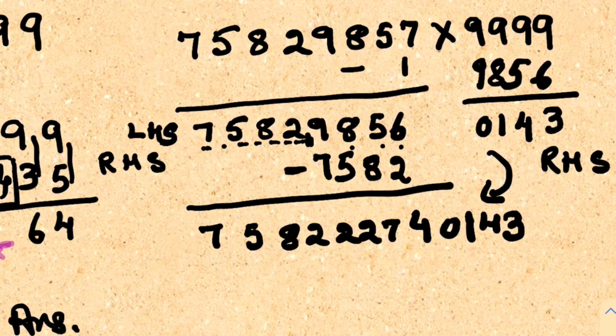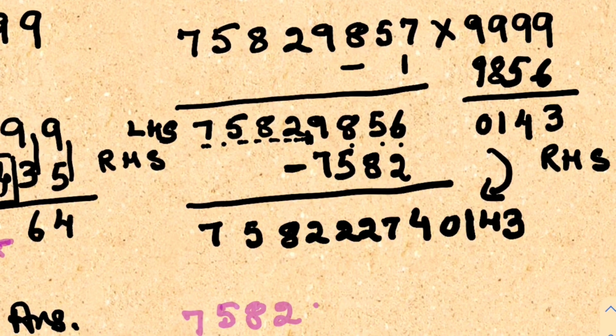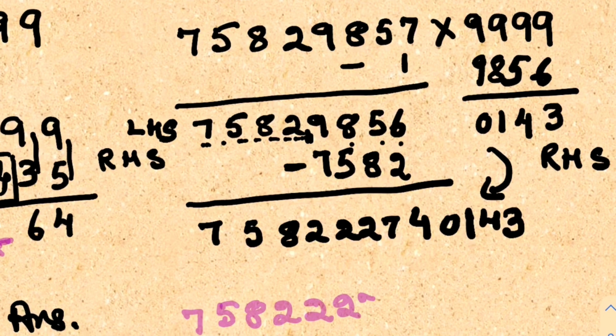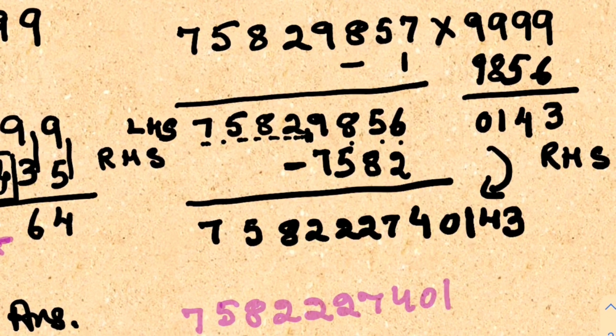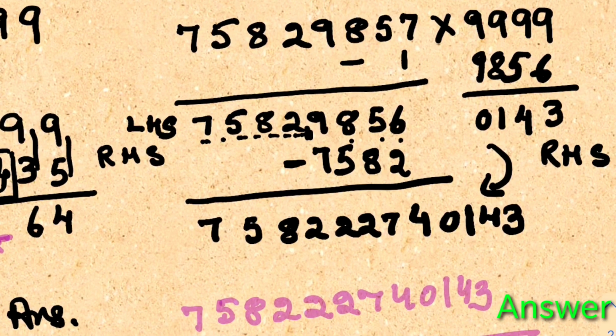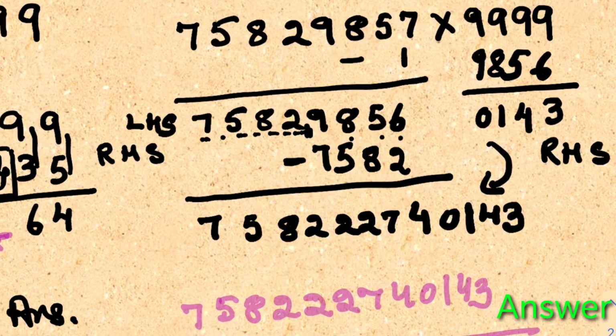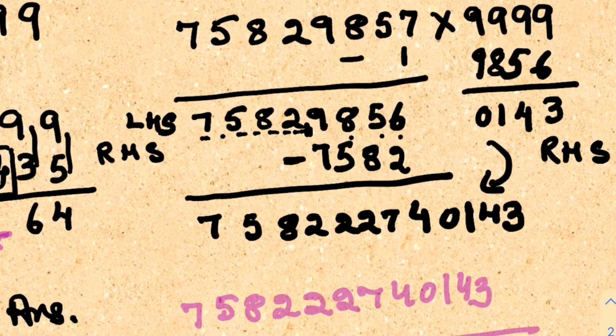So our answer is 7, 5, 8, 2, 2, 2, 7, 4, 0, 1, 4, 3. How quickly we have done, faster than the calculator, I am sure.